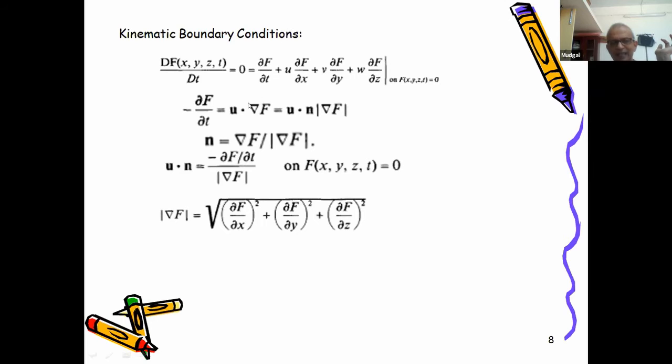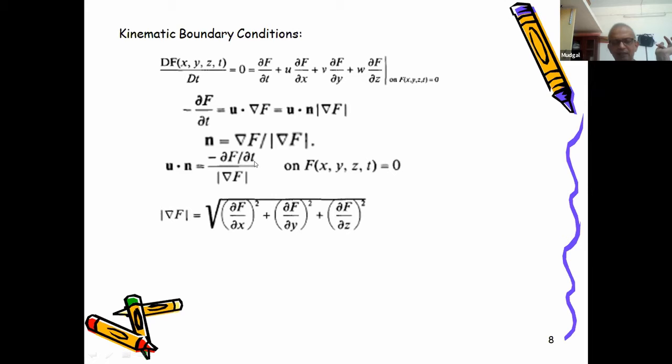Now this del f itself is a vector, and it has a normal, and it has its magnitude. So del f absolute value is the magnitude, and with this you can get the definition for n, which is del f by magnitude of del f.